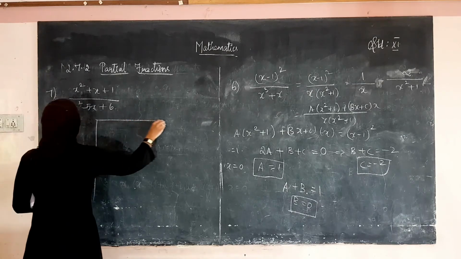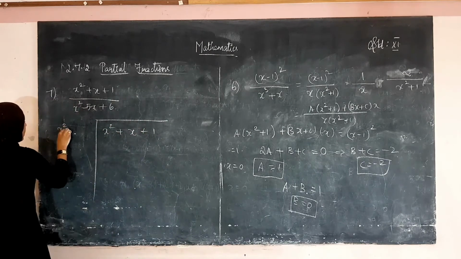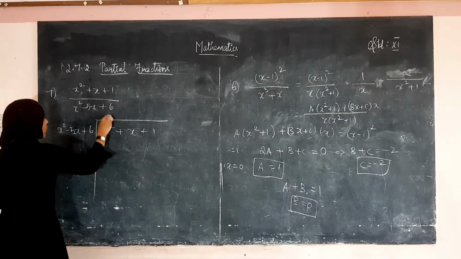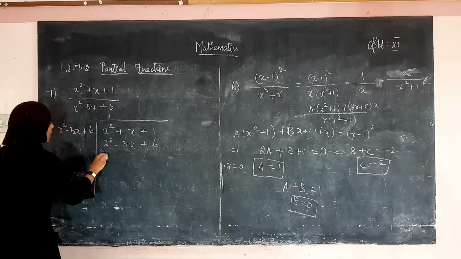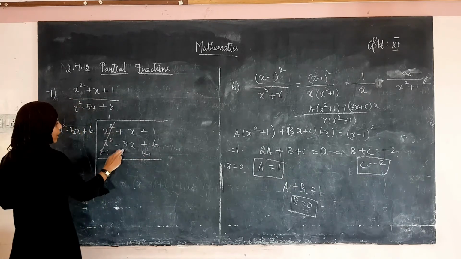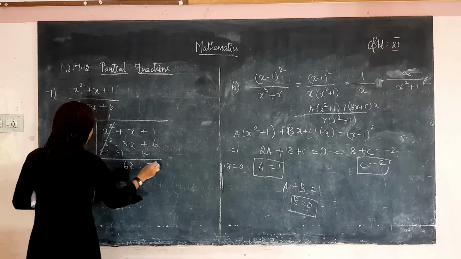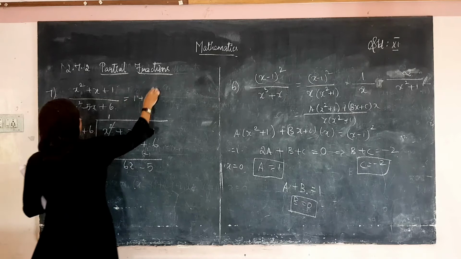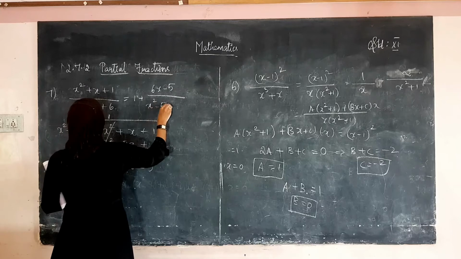Divide x square plus x plus 1 by x square minus 5x plus 6. So, x square, so 1. What happens? X square minus 5x plus 6. Change the symbol here. This becomes 0. 5x plus x is 6x, minus 6 plus 1 is minus 5. So, how this can be written as 1 plus 6x minus 5 divided by x square minus 5x plus 6.